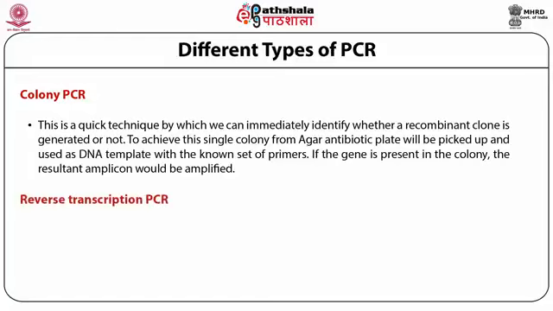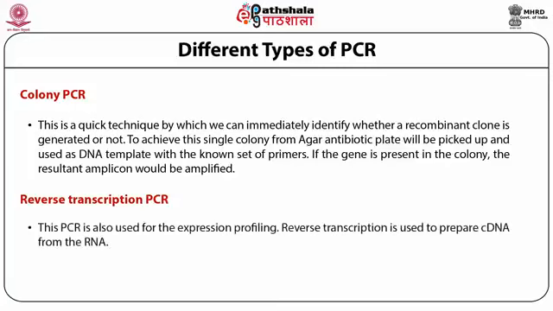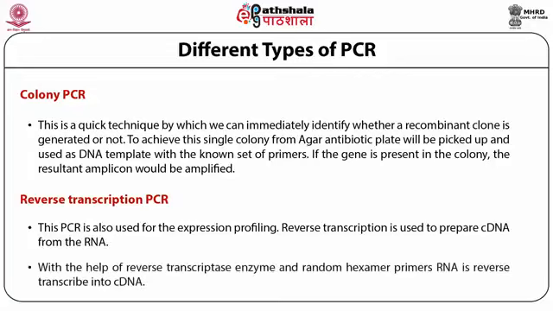Now come to the reverse transcriptase PCR, that is the RT-PCR. This PCR is also used for expression profiling, where reverse transcription is used to prepare cDNA from the RNA. With the help of reverse transcriptase enzyme and random hexamer primers, RNA is reverse transcribed into cDNA, and then it can be used for various purposes.